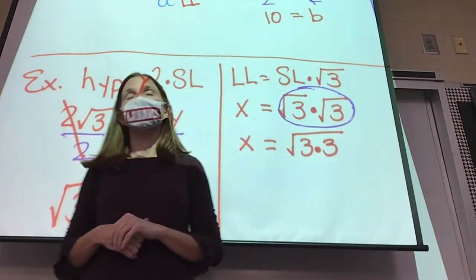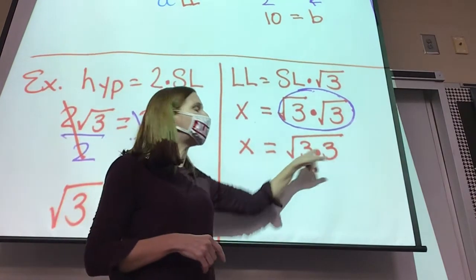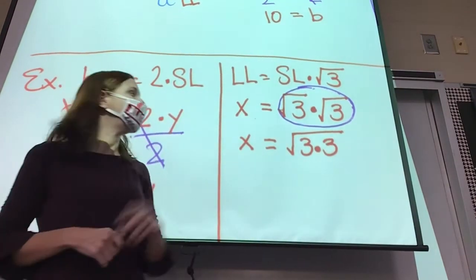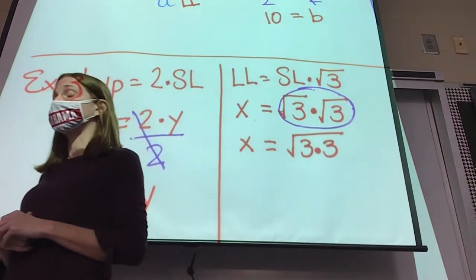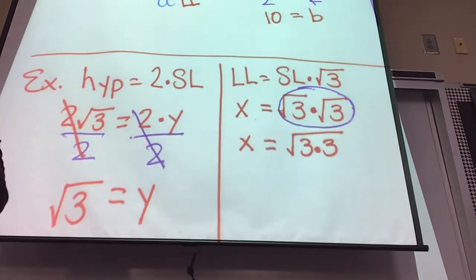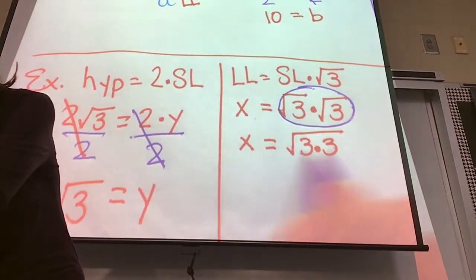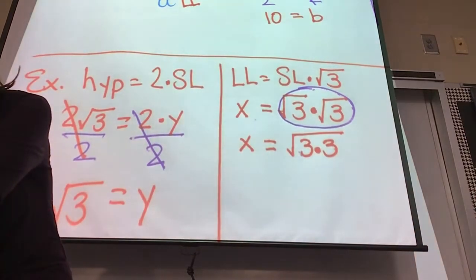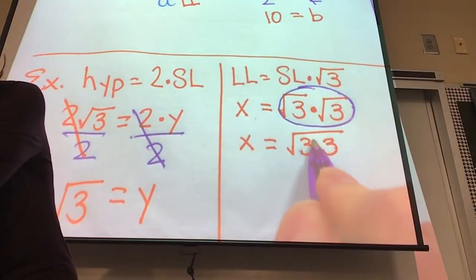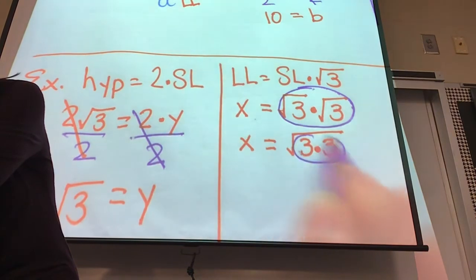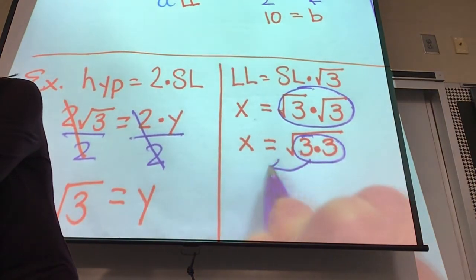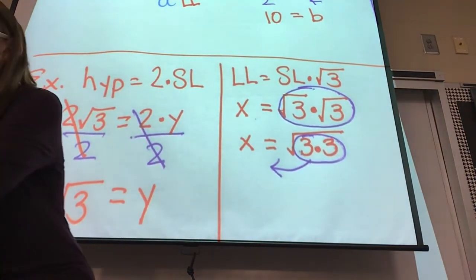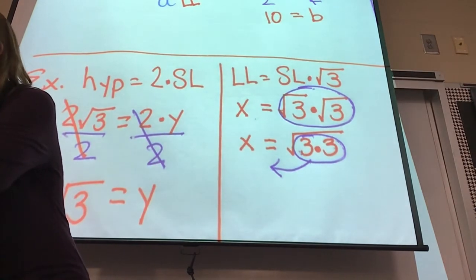My job and what I teach is the fact that if these two are the same, if you got 2 of the same number, which is what we've got, if I've got 2 of the same number under the square root, then they come out from under the square root, and it's that number.